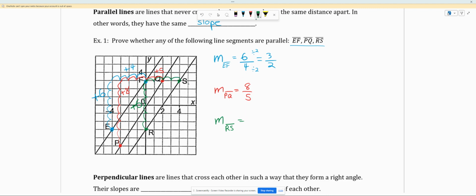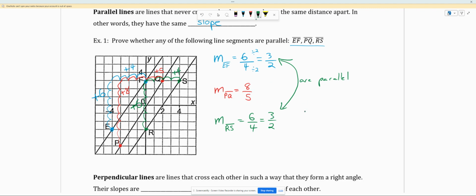So again, we're getting the exact same as above. I have 6 over 4 as my rise over run, which is the same as 3 over 2. Therefore, we can say that these two here are parallel. They have the exact same slope, and neither of them would be parallel to line PQ.